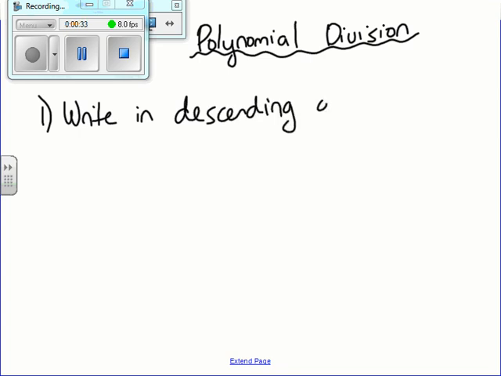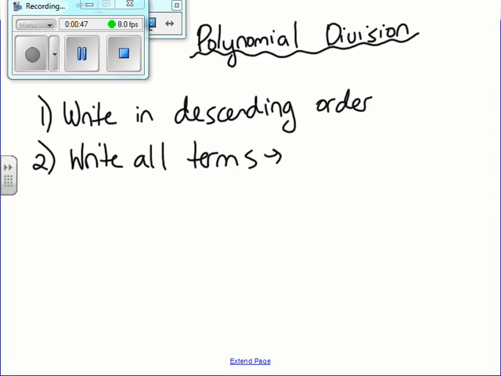Okay? And then the second thing to remember is to put all of the terms in there. So write all terms. For example, if I had 3x cubed plus 2x plus 6, before I was going to divide that polynomial, I would actually have to put in the missing x squared term.